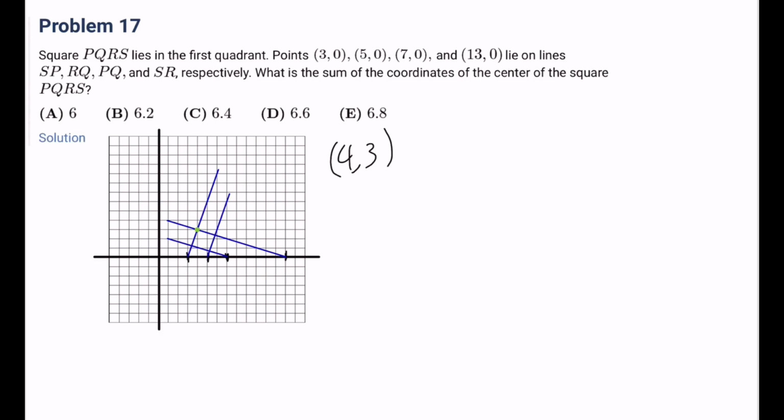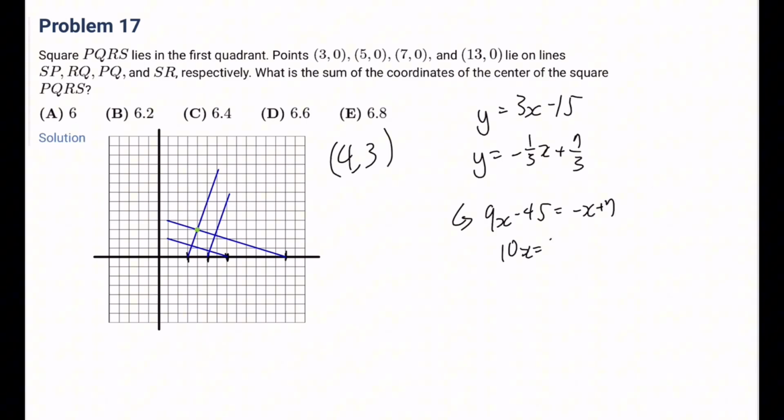And so we will have y equals 3x minus 15, that's for this one, and y equals minus 1/3 x plus 7/3, that's going to be this one. And so if these intersect, then we are going to get 9x minus 45 equals minus x plus 7. This is going to get 10x equals 52. That means x is equal to 5.2 and y is equal to, if we put it in here, 0.6.